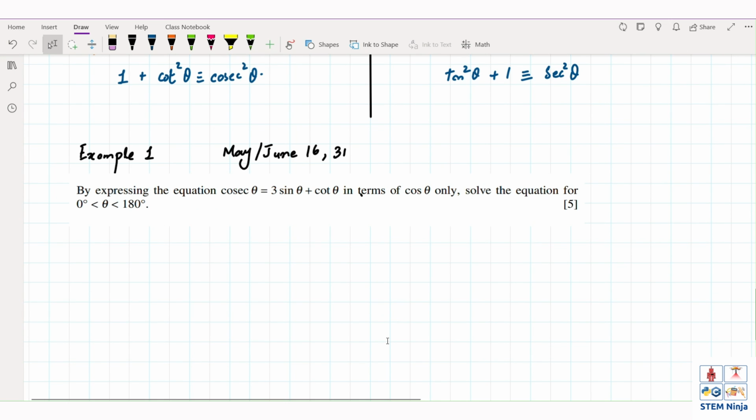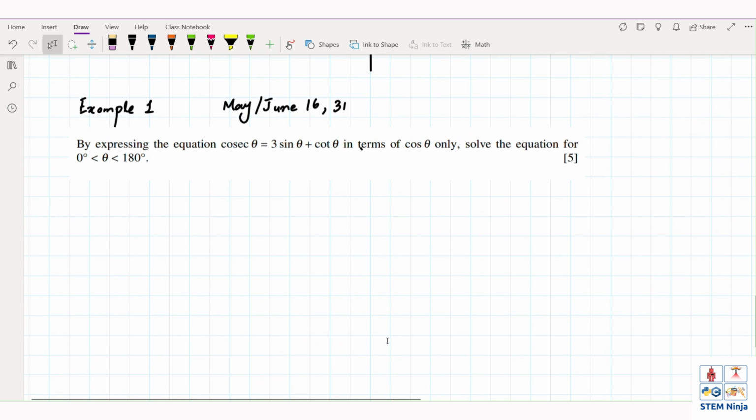Okay, so let's see. By expressing the equation cosecant theta is equal to 3 sine theta plus cot theta in terms of cos theta only, solve the equation for 0 less than theta less than 180 degrees. Okay, so first off, we need to express this in terms of cosine theta only.